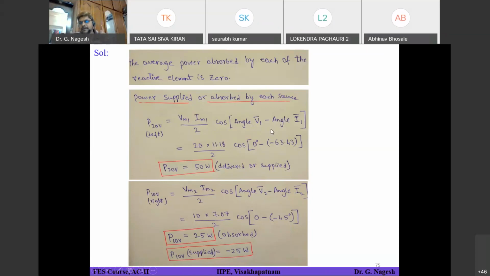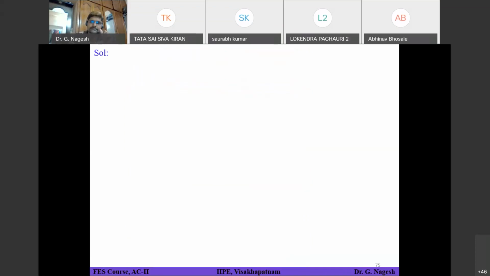But remember, in that scenario, the voltage should be the voltage across the resistor. Okay, it's not the source voltage. Since you are talking about the power absorbed by the resistor alone, you should have the phasor voltage across the resistor and the phasor current which is flowing into the resistor. Okay, you understood, na? Yes, sir.